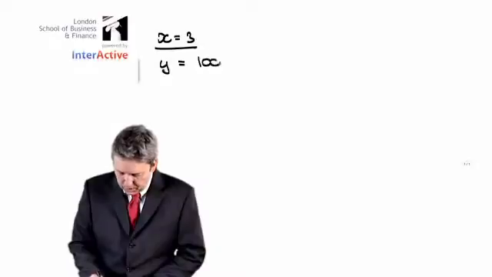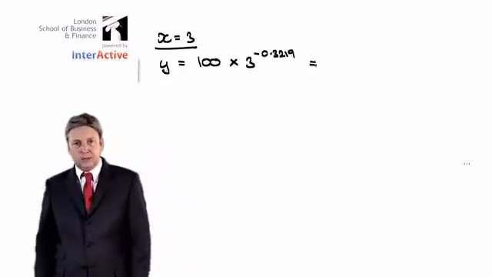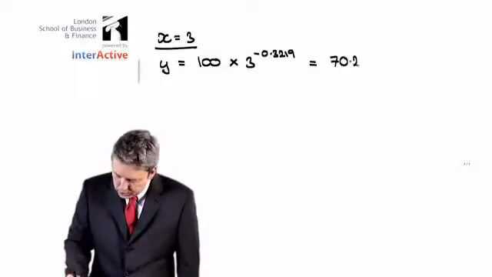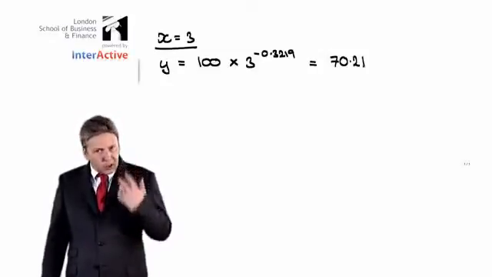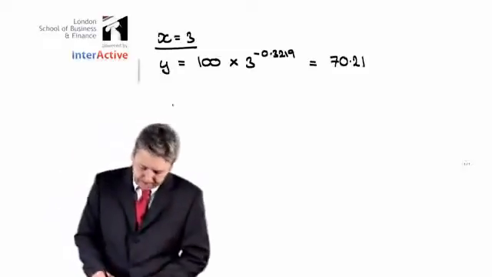X equals 3. Y equals 100 multiplied by 3 to the power minus 0.3219. What does that come to? It comes to 70.21. So we've established the average time taken for the first 3 units.